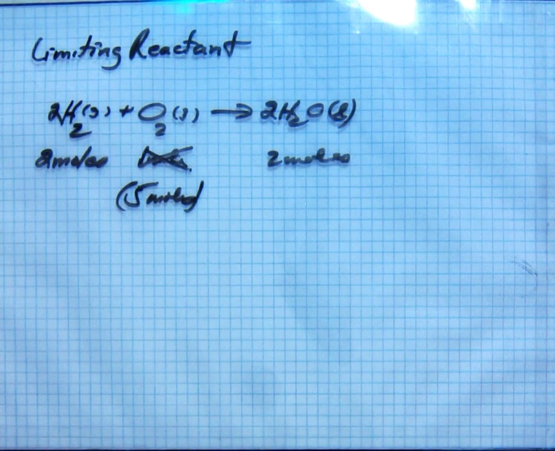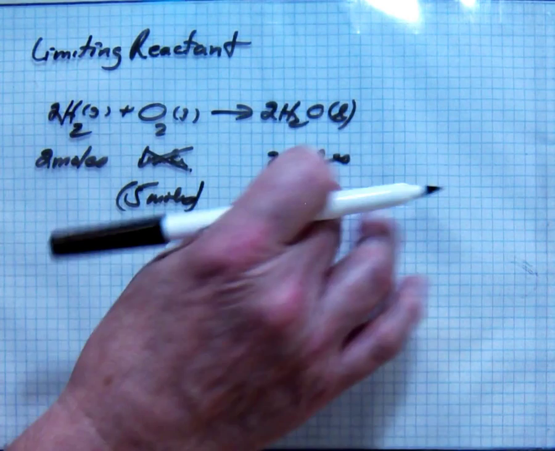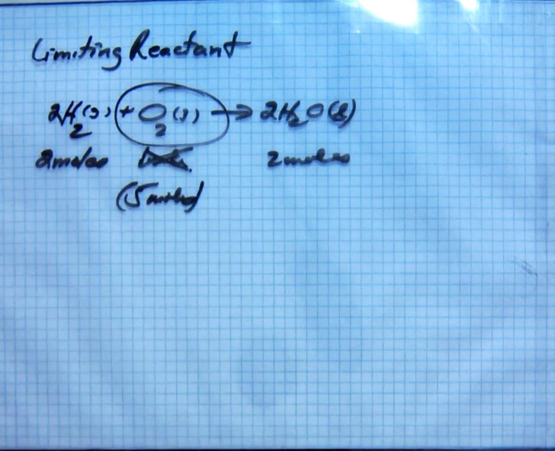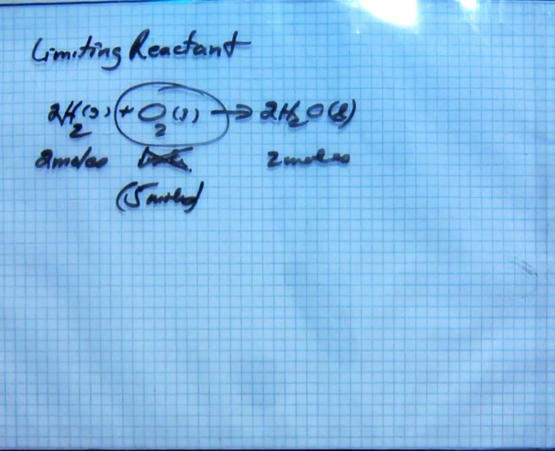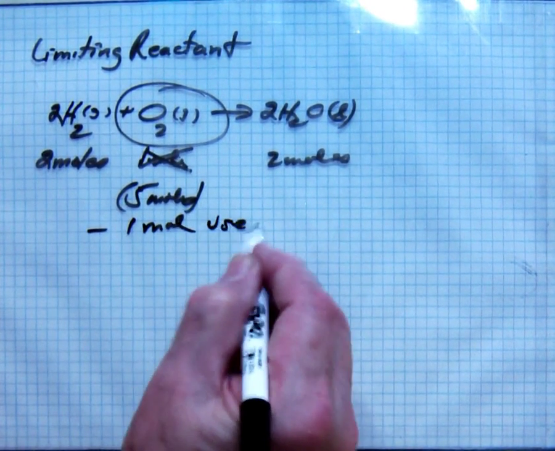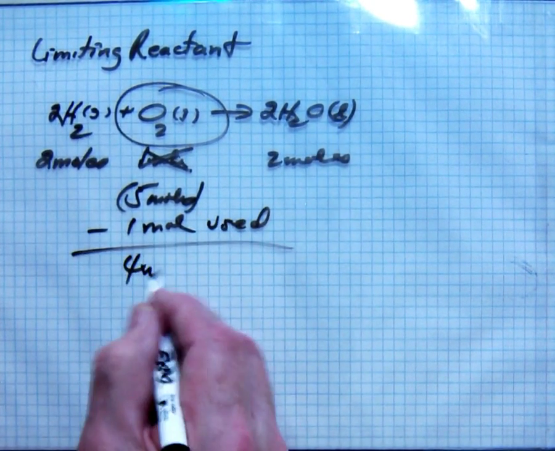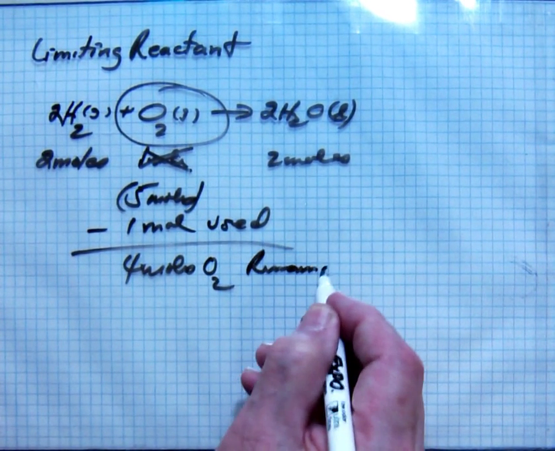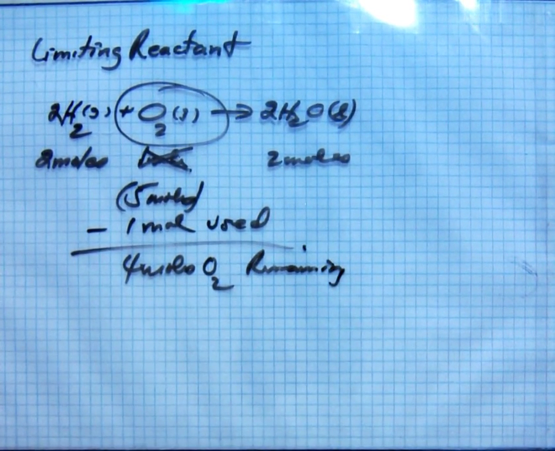Would I use up all 5 moles? No. How much would I use up with this data? Just 1. So I will use up 1 mole, and so that'd be 4 moles O2 remaining. Good? How much hydrogen is left? 0.